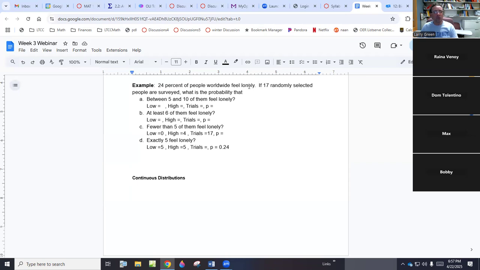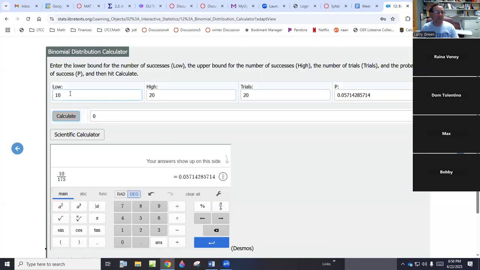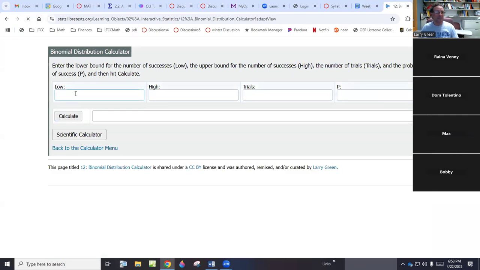24% of people worldwide feel lonely. I read this in a recent survey, by the way. If 17 randomly selected people are surveyed, what's the probability that between 5 and 10 of them feel lonely? So we just go here. I'm going to refresh. Low is 5. High is 10.